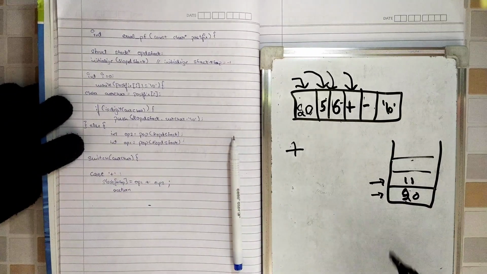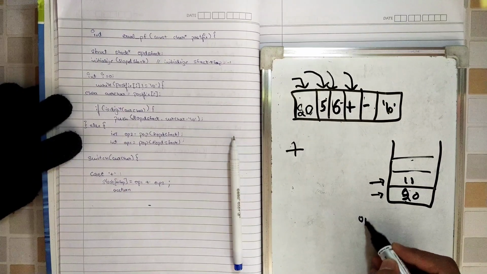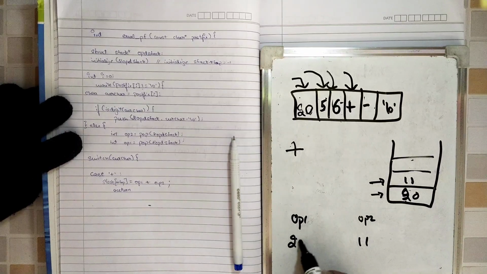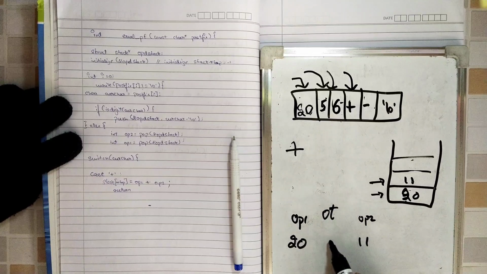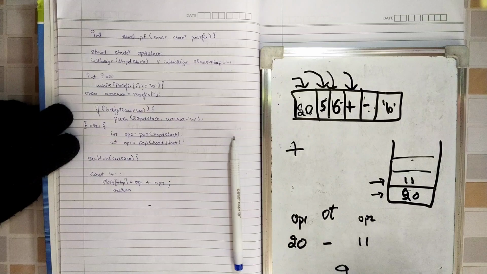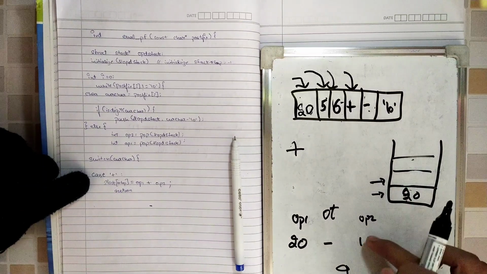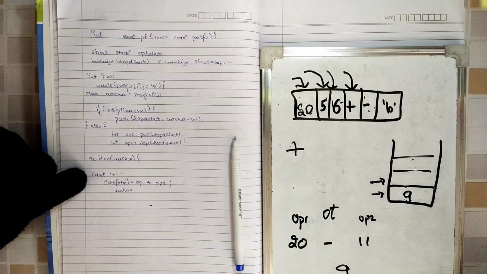Now my op2 will be 11, my op1 will be 20, and my operator is minus. So 20 minus 11 is 9, and then it will be placed in the stack. Both were popped, first op2 and then op1, and now the result will be placed here.